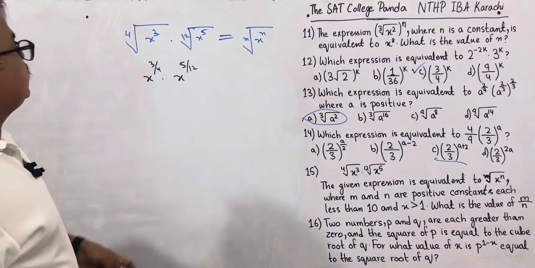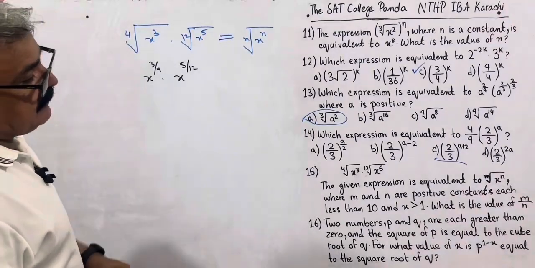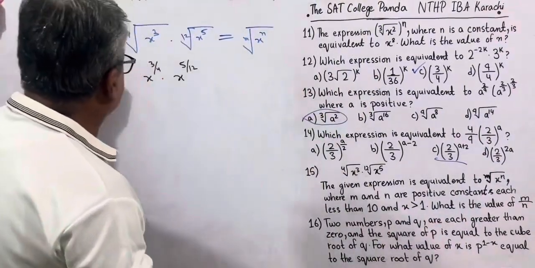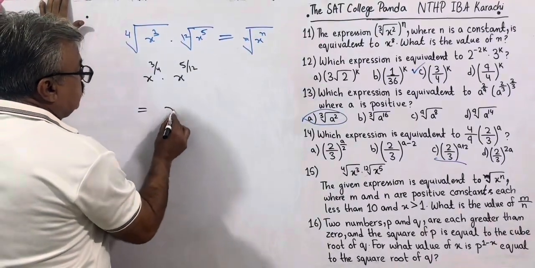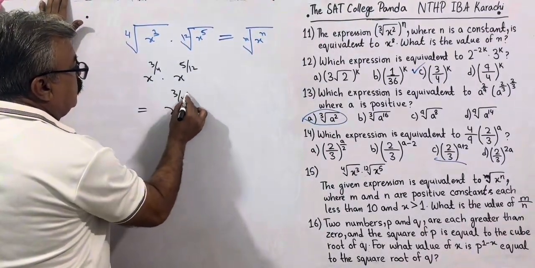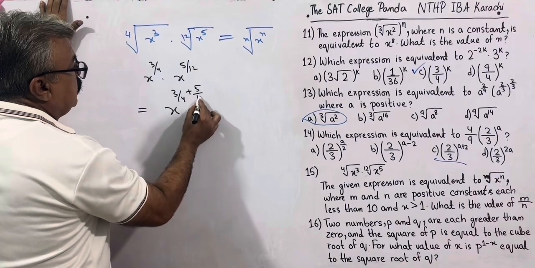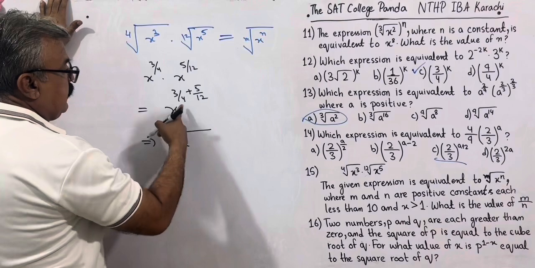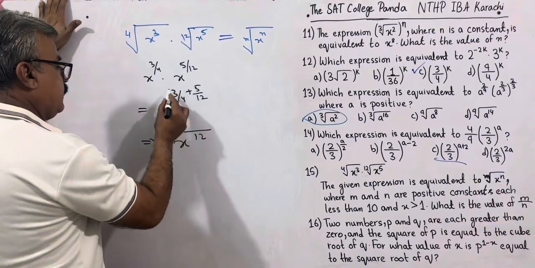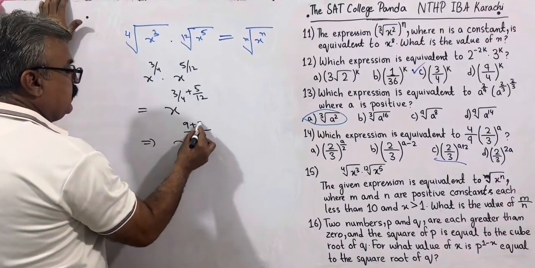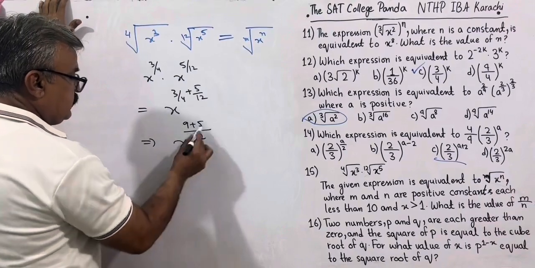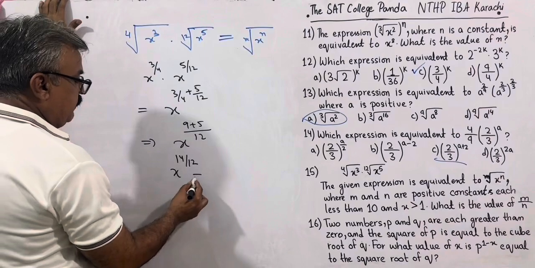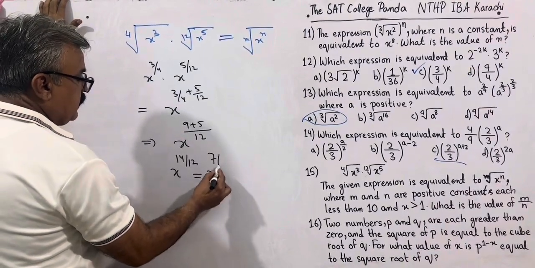Here the bases are the same and they are in multiplication, so add the powers: x raised to 3 over 4 plus 5 over 12. Taking the LCM, 12 is the LCM. Here comes 3 times 3 is 9, plus 5, so we have x raised to 14 over 12. Make them relatively prime by applying the table of 2: x raised to 7 over 6.